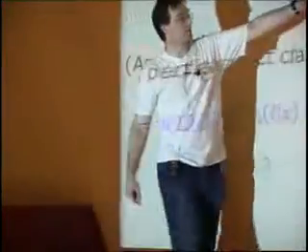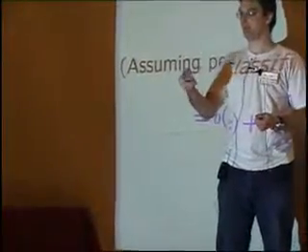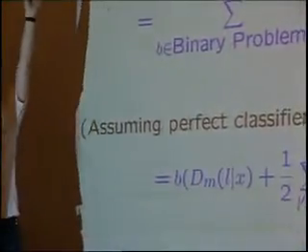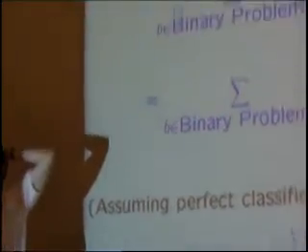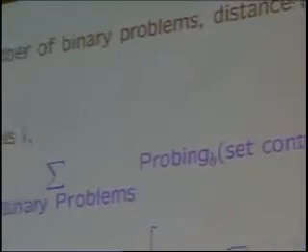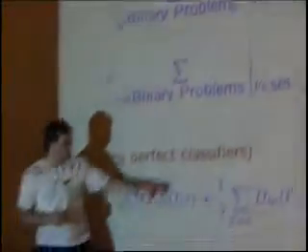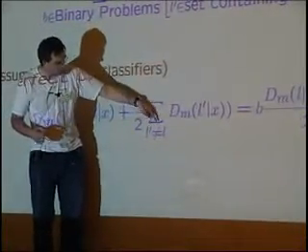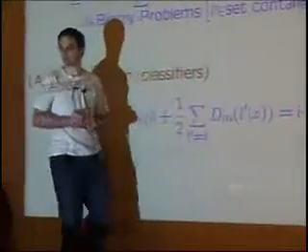And then every other label appears half the time because the distance between the columns is a half. So it appears half the time, which means B times a half times the sum over the other labels of the probability of that label.